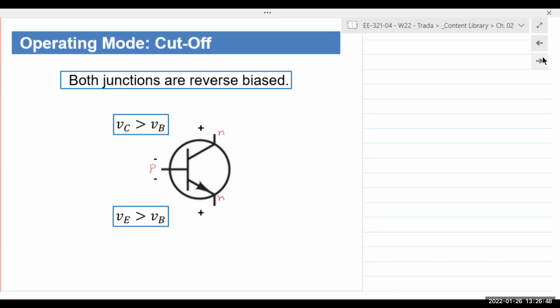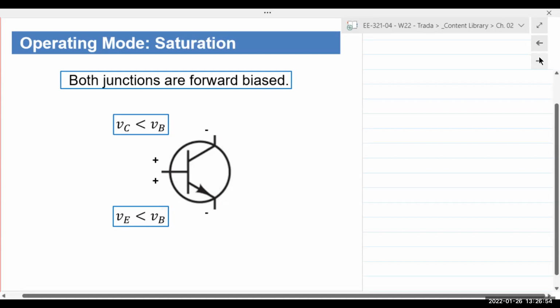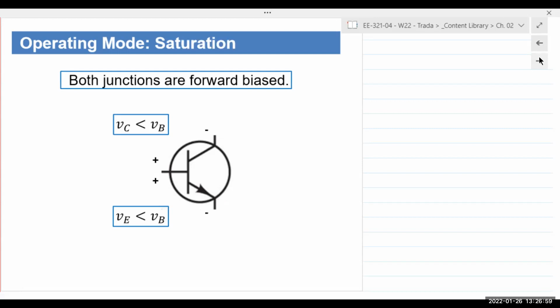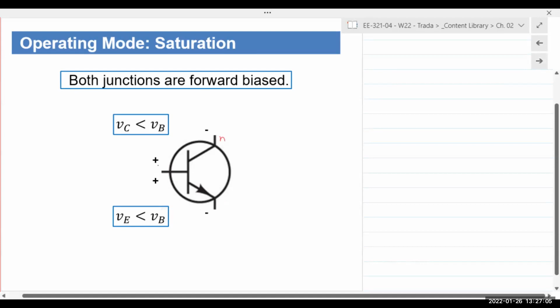Then both junctions are forward biased. Both PN junctions forward biased, maximum current flow. Collector, again, we have N, P, N. Collector voltage is less than the base.